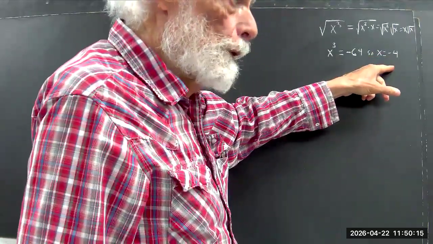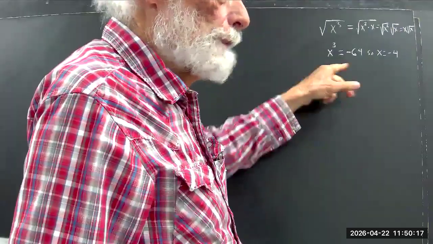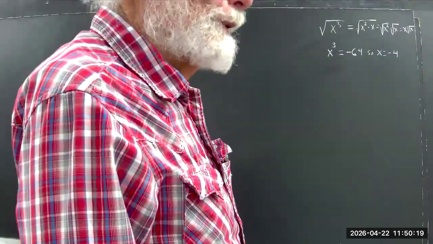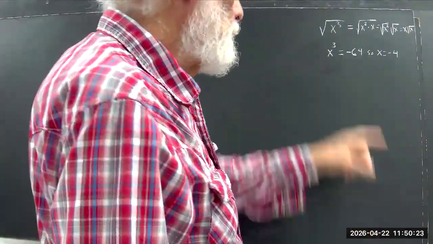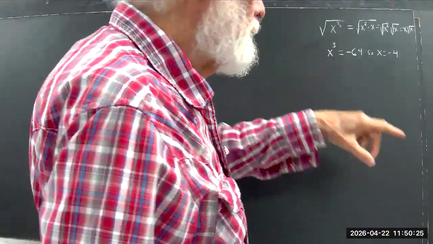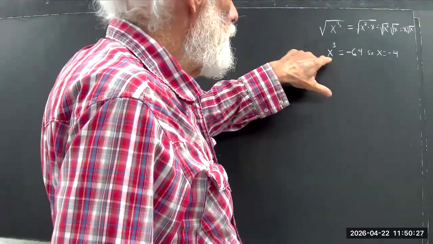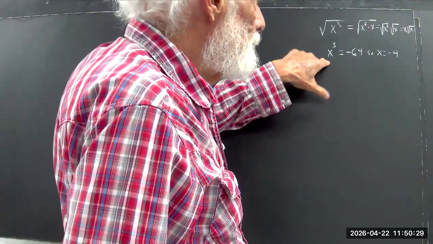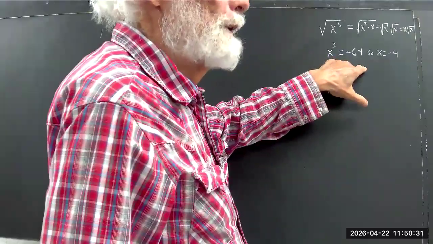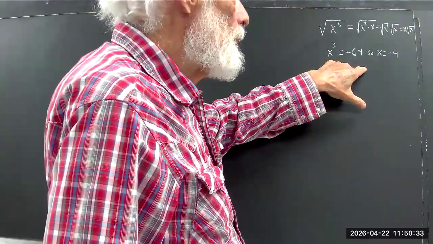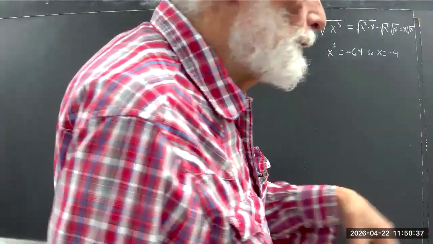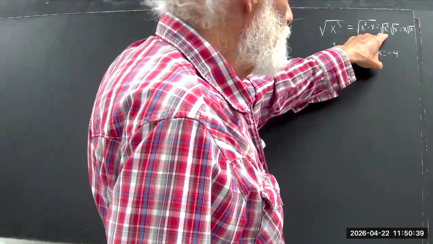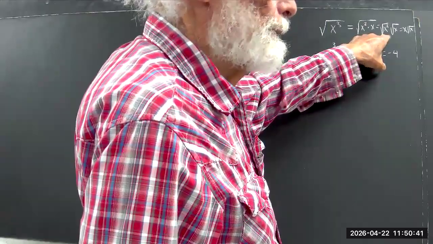And if you cube negative 4, you do get negative 64. Negative 4 times negative 4 is plus 16. Multiply that by negative 4 and you get negative 64. Okay. So a cube can be negative. That puts into perspective something that I'm confusing a little bit here, which is that a square can't be negative.